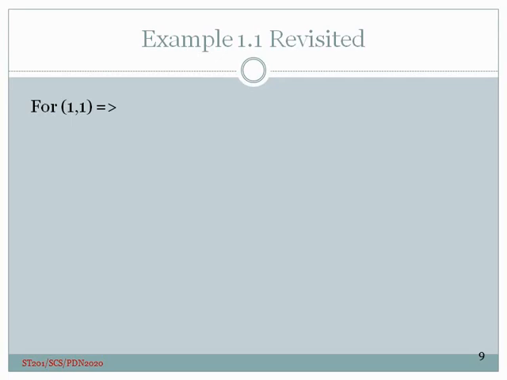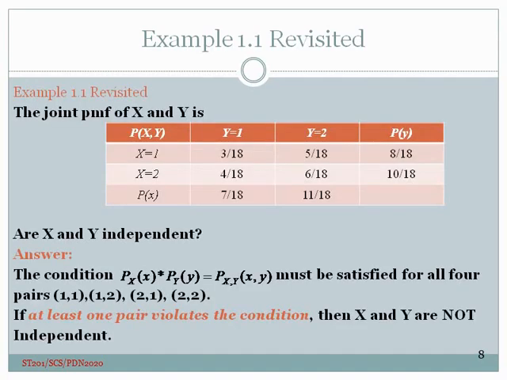For the first pair, 1, 1, you multiply the marginal PMF of x at 1 and the marginal PMF of y at 1, and check the answer against the joint PMF, which is the value in the cell 1, 1. Let's go back. So here's the cell for 1, 1.